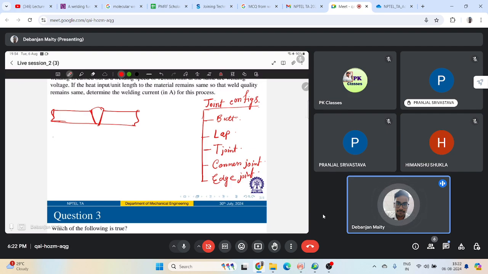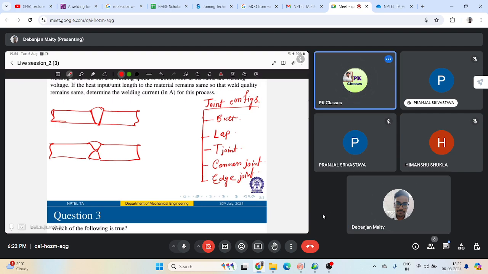What is this called and what is this called? Anyone? Butt joints. So of course this is a butt joint.